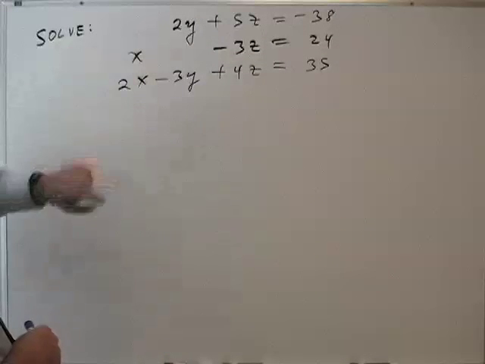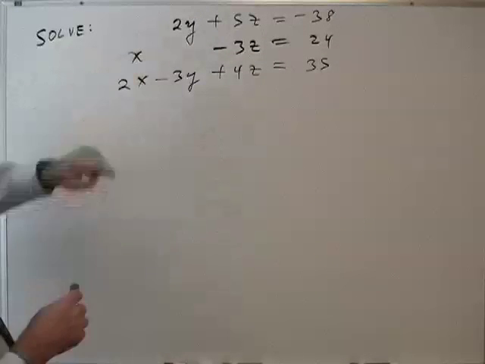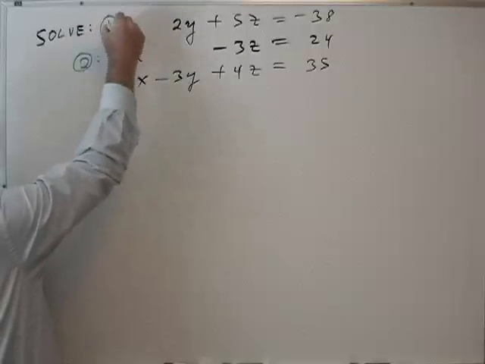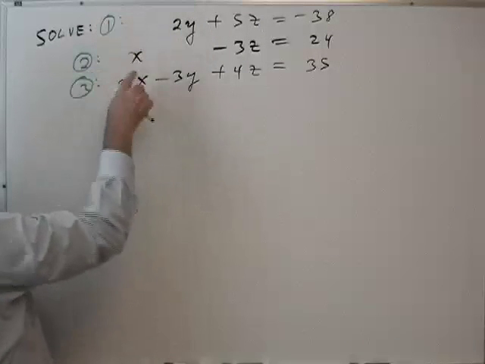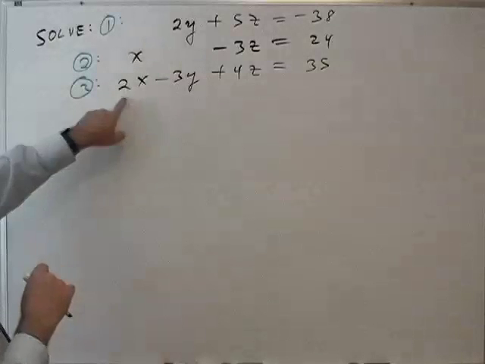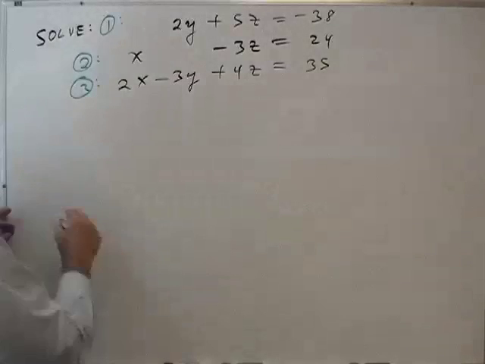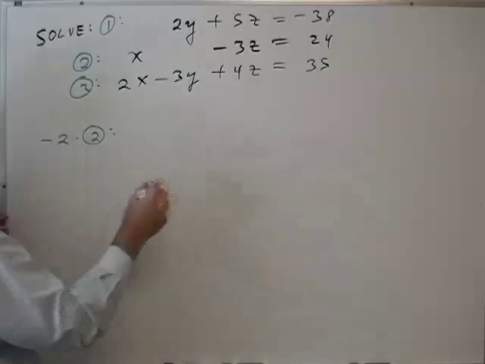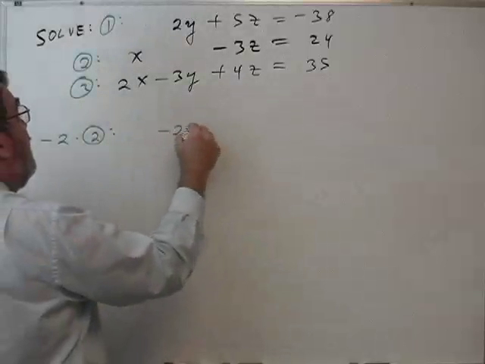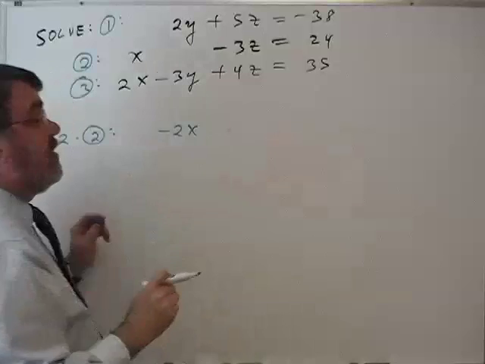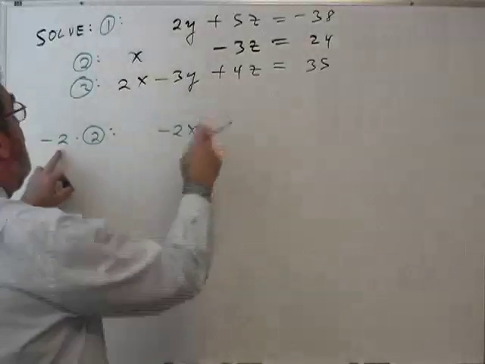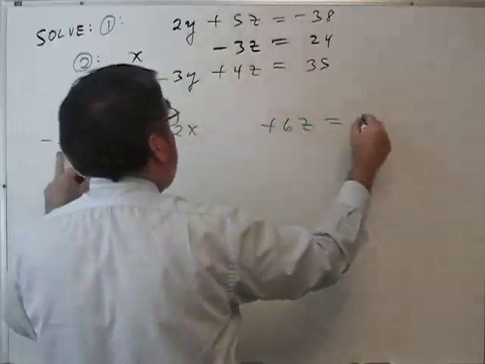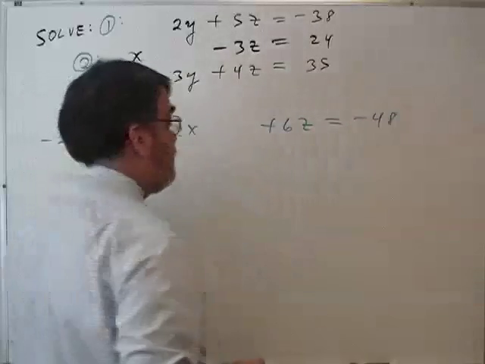And comparing these two, it looks like we should multiply this second equation by negative 2, and then we can just add it to the third equation. So if I take negative 2 times equation 2, this gives us negative 2x plus 6z equals negative 48.